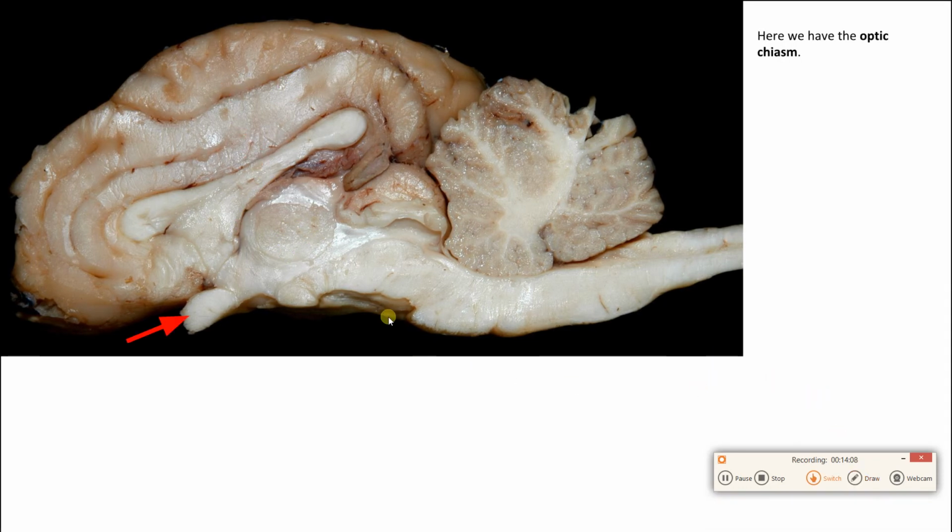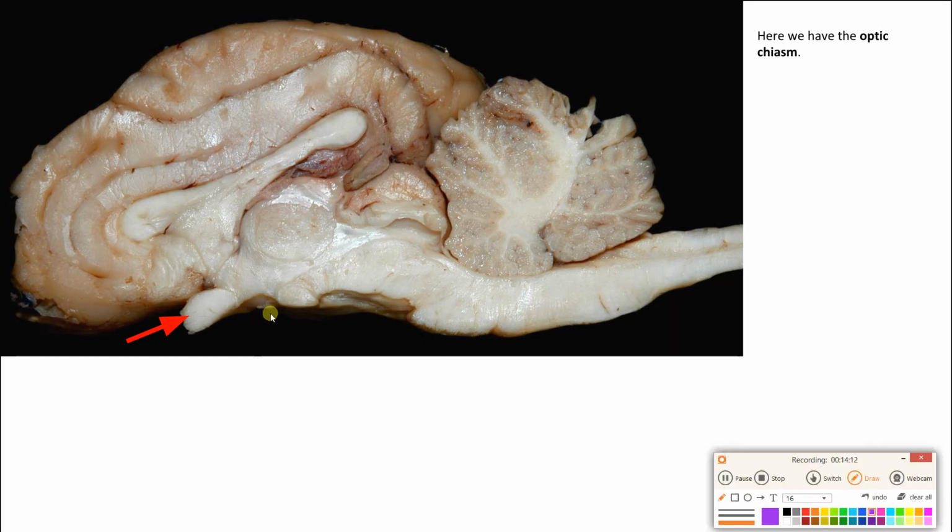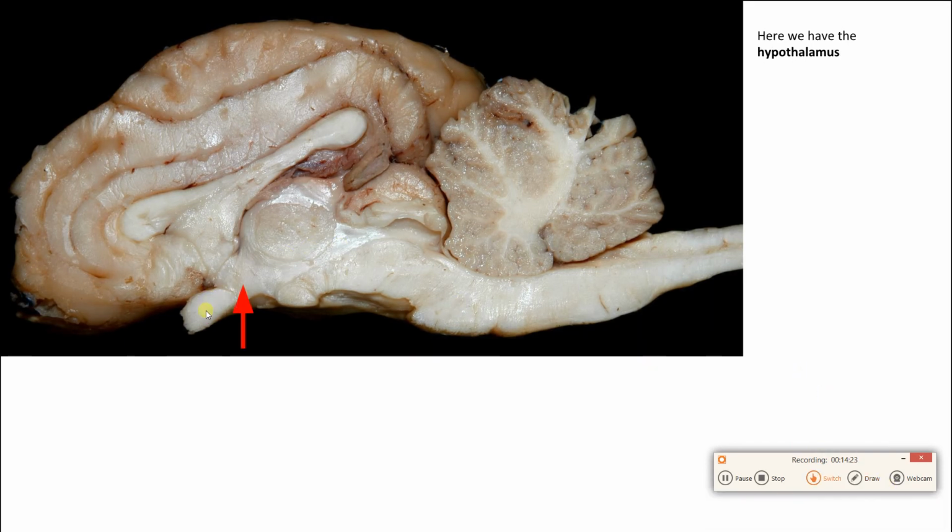Now down here, we see the optic chiasm, cut in section. I always like to start with the optic chiasm before I do the diencephalon. So here is the optic chiasm. If I find that optic chiasm, then I can immediately take a little diagonal hop.